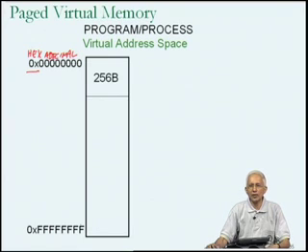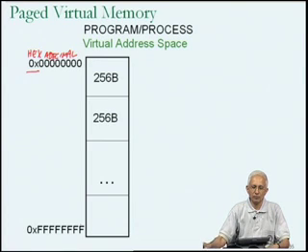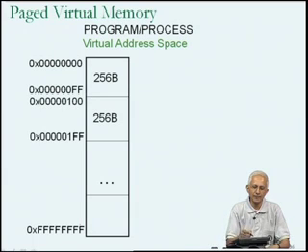Now, if I'm going to try to manage the address translation information in units of 256 bytes, then the first 256 bytes would be at the top of the address space, going from byte address 0 up to byte address 255. The second chunk of virtual address space of size 256 bytes would follow, and so on. In fact, the actual addresses associated with each of these chunks could be calculated. For example, in the first chunk of size 256 bytes, the first address is 0, which means that the last address is going to be 255, because all the bytes between 0 and 255 would constitute 256 bytes of memory.